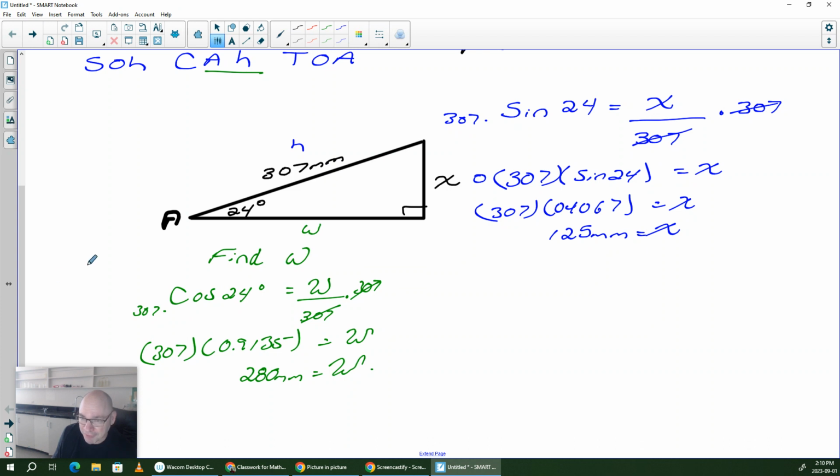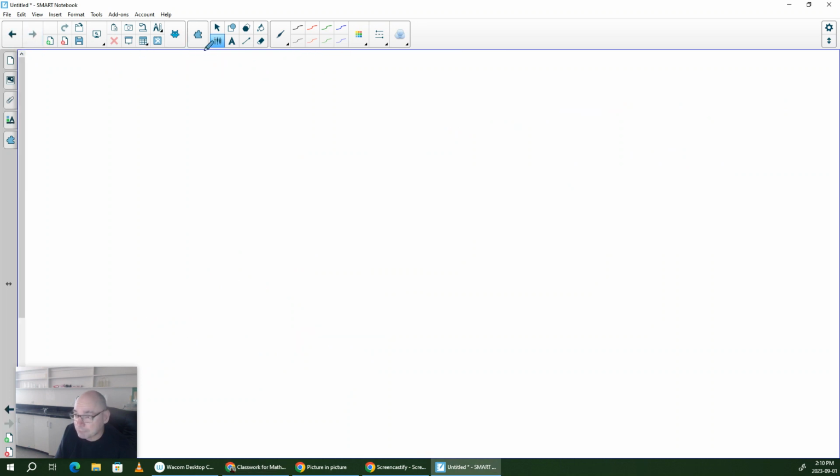Be careful of that. Okay, so what about if you have to do the hypotenuse? Those ones have the extra step of having to get the hypotenuse off the bottom. So we'll flip ahead and we'll do one like that. Let's draw a triangle here.